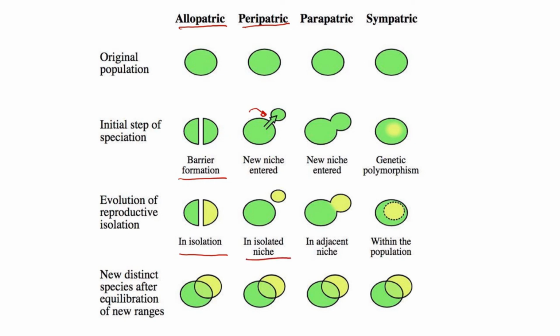In parapatric speciation, due to ecological changes, genetic differences occur leading to speciation. The evolution takes place in the adjacent niche. In sympatric speciation, ecological differences or random genetic differences take place in a small population, which then reproduces and evolves within the same population or the same niche as that of the parent population.